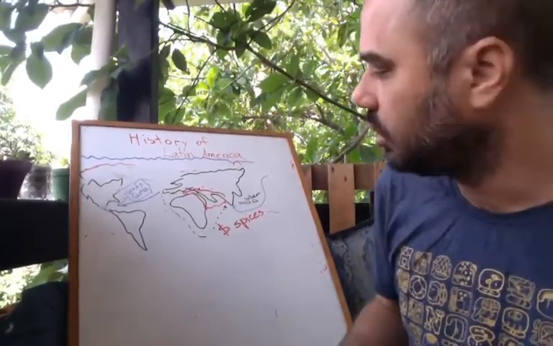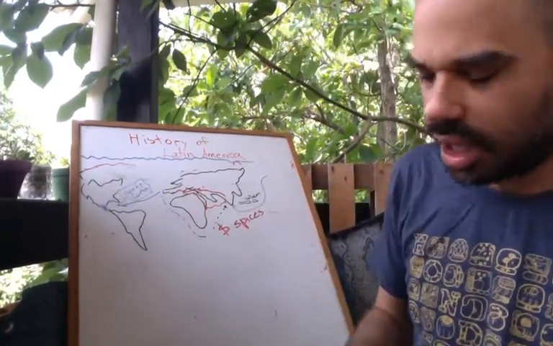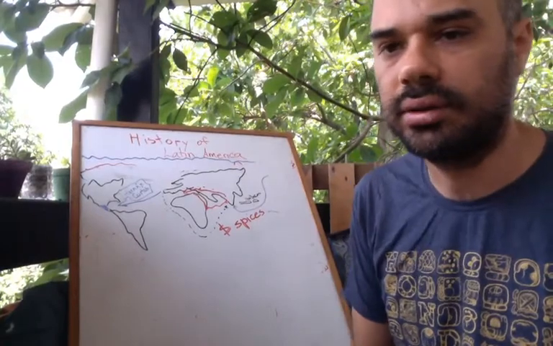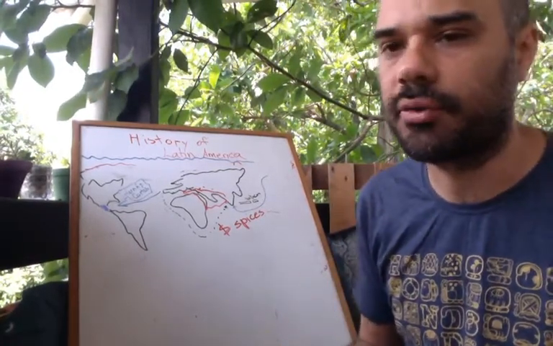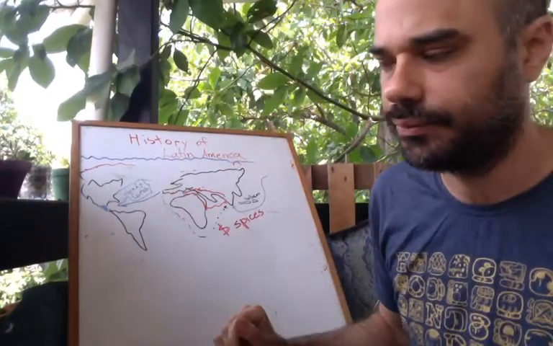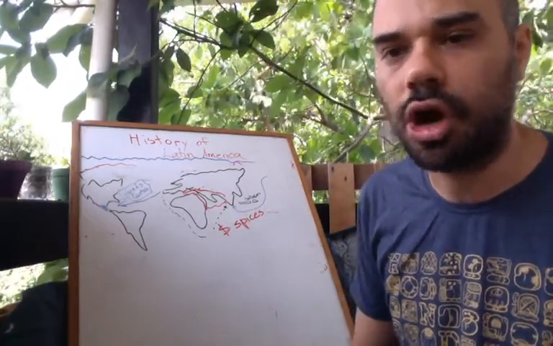There was a legend in Aztec mythology about a bearded man coming from the east, and this was the return of their god Quetzalcoatl.